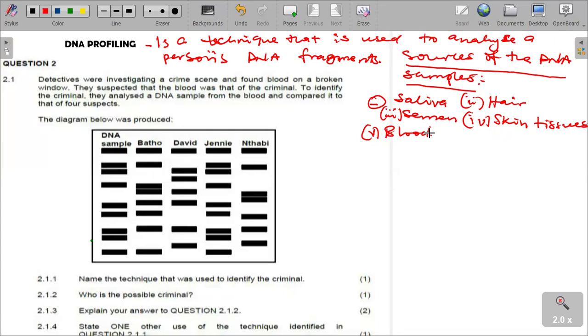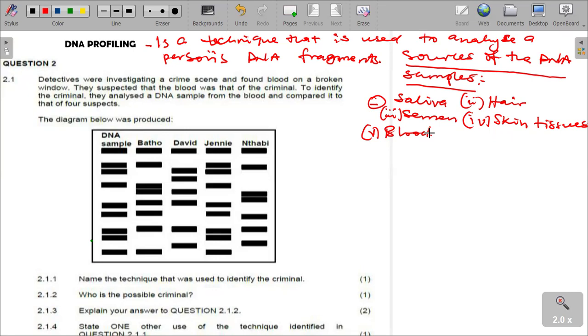So in that respect, the DNA of a person is obtained through such samples that I've identified there, and it is cut into fragments using a specific enzyme. A specific enzyme is used to cut the DNA fragments of the sample that has been found.